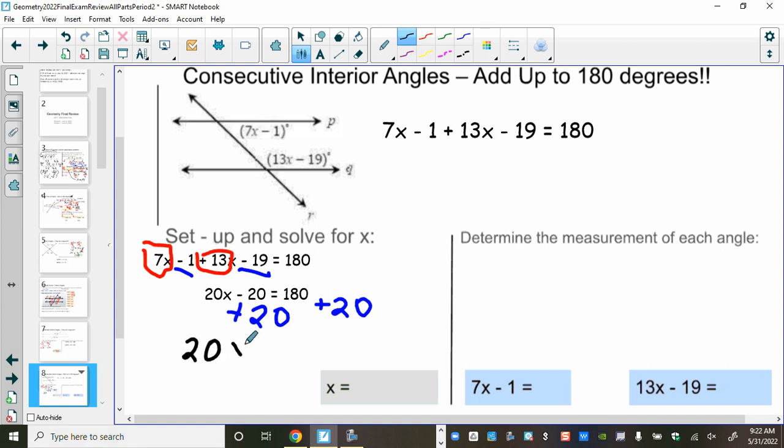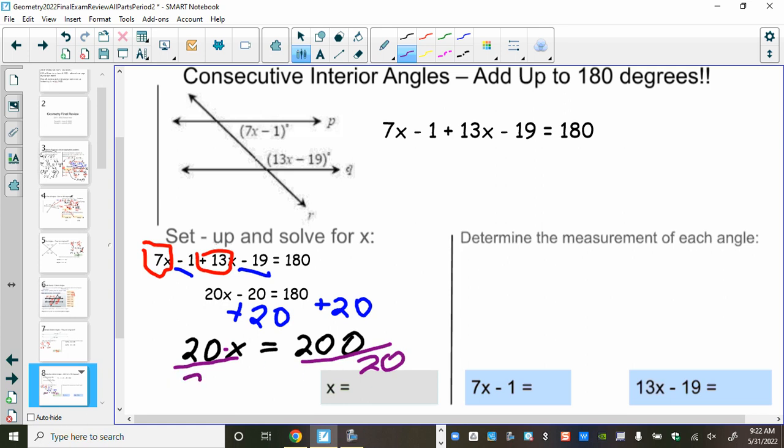equals 200. But then what do you do to both sides to get x by itself? What's our last step here? So 20 times x is 200. What's the opposite of multiplying by 20? You should know this by now.